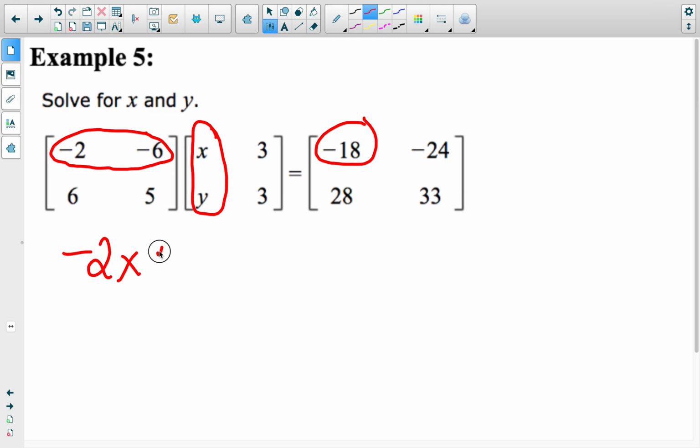Okay, so we can actually create a system of equations here. -2 times x minus 6 times y should be equal to -18. And then think about, I need another equation with x and y.